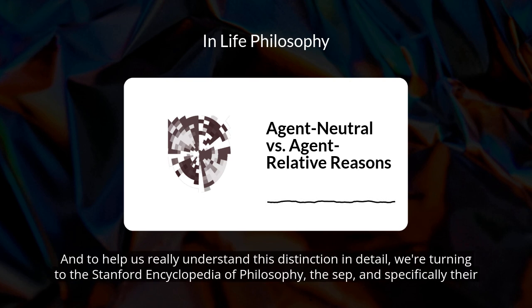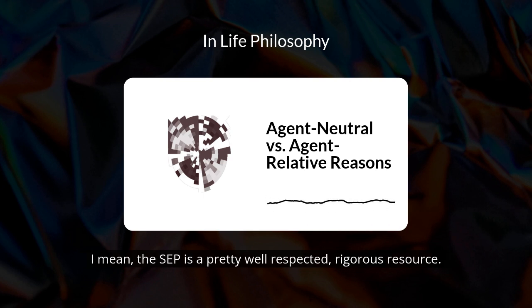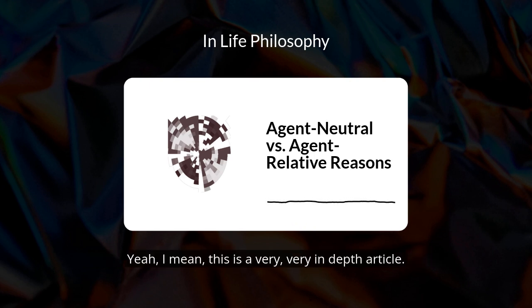To help us understand this distinction in detail, we're turning to the Stanford Encyclopedia of Philosophy, the SEP, and specifically their entry on reasons for action, agent neutral versus agent relative. The SEP is a pretty well-respected, rigorous resource, and this is a very in-depth article.